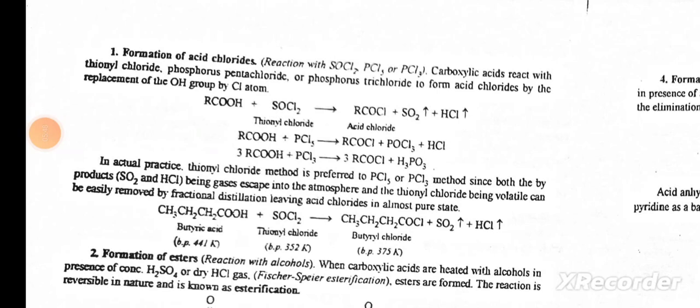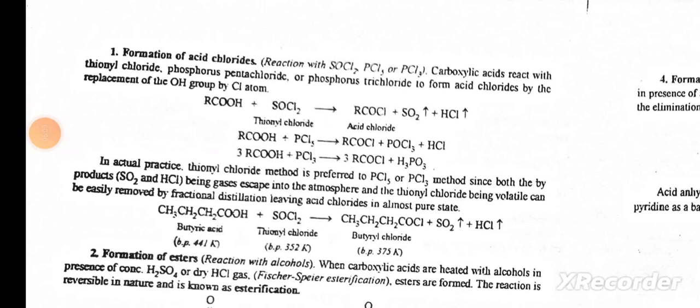Formation of acid chlorides: reactions with SOCl2, PCl5 or PCl3. Carboxylic acids react with thionyl chloride, phosphorus pentachloride or phosphorus trichloride to form acid chlorides by replacement of the OH group by a Cl atom.